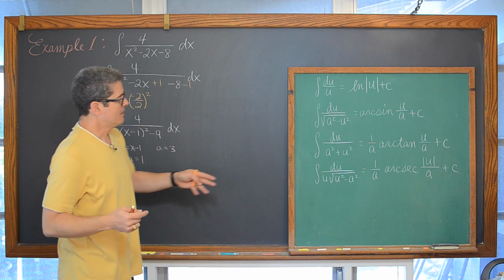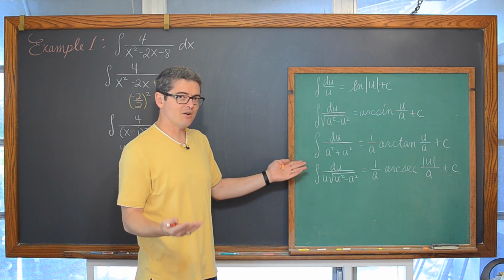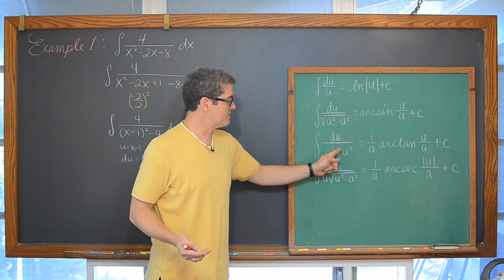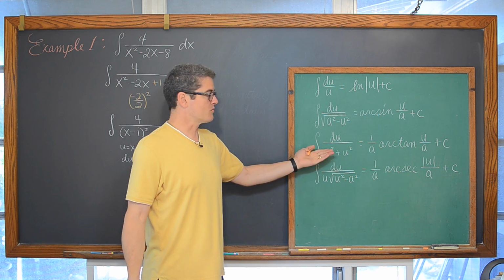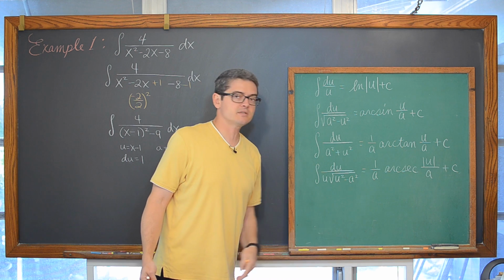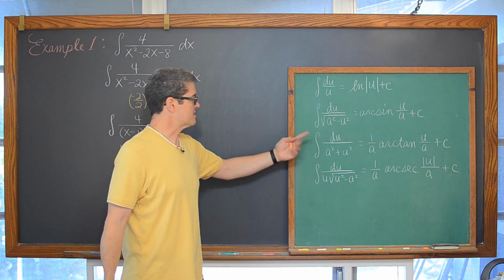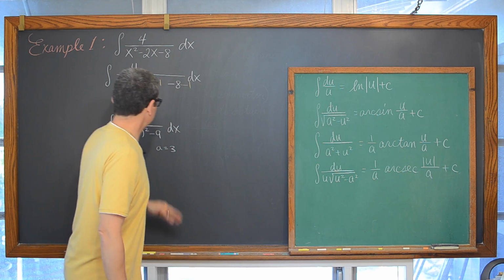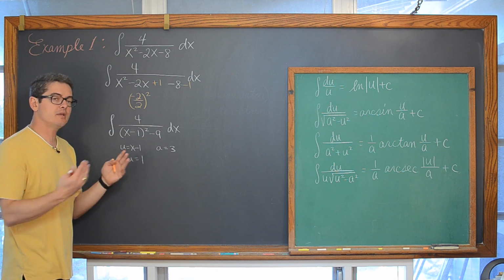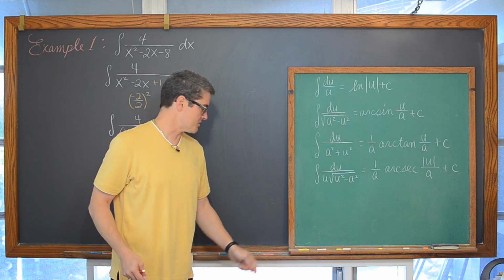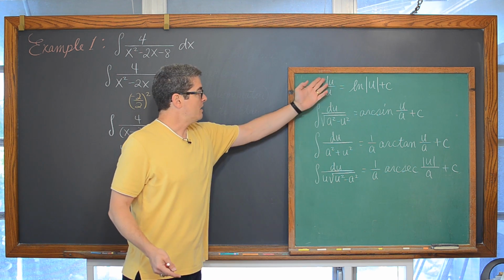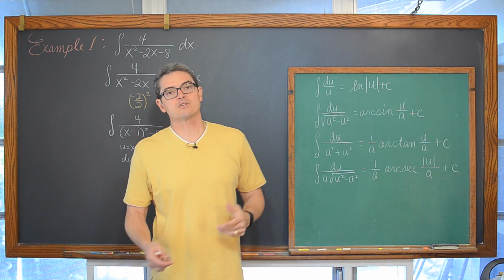But this is not a difference of squares like we have here. This is an integration rule for a sum of squares, and it comes out to arctangent and some other fancy stuff, but we don't have a sum of squares. So this is not something that we can integrate right now using the integration rules that we know so far that involve an integrand which is a fraction.